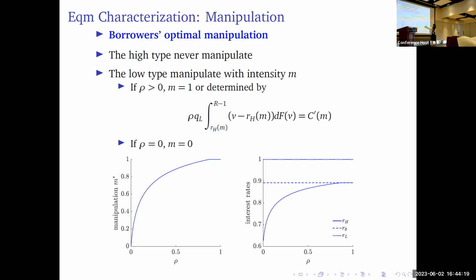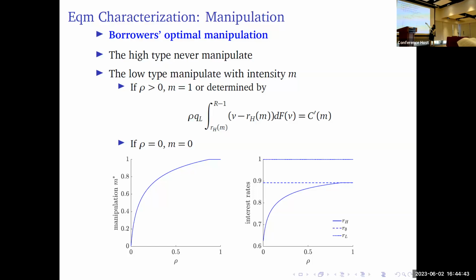So the right panel plots how the optimal interest rates will be affected by the lender's data technology. There are 3 types of interest rates, depending on the 3 types of signals received by the lender. The lender can receive no signal, okay?